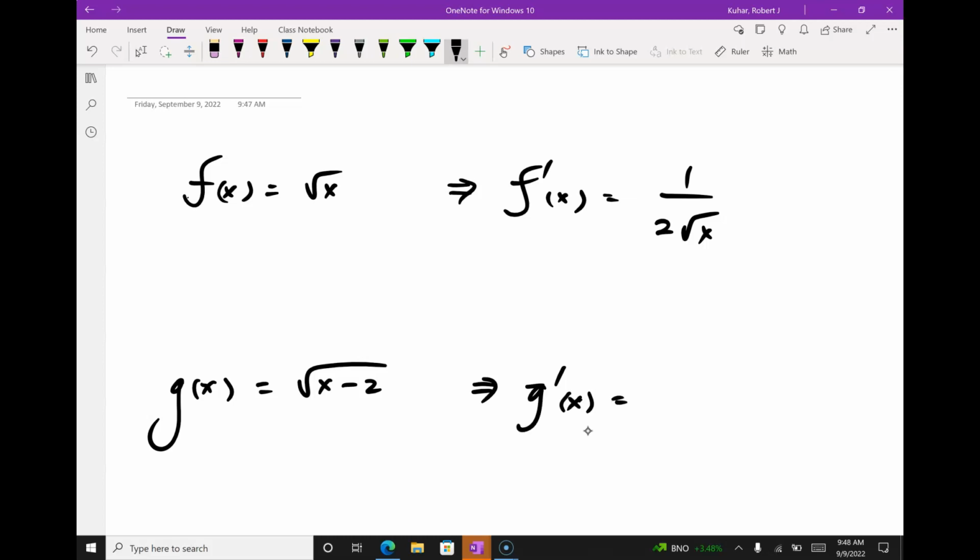Anybody have a guess? I don't care if you're wrong. Goes to the right again. How much? By the same amount, exactly. So I get 1 over 2 square roots of x minus 2.